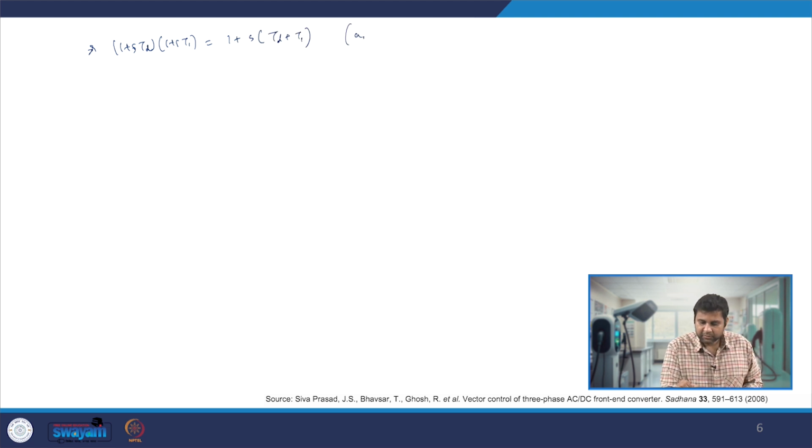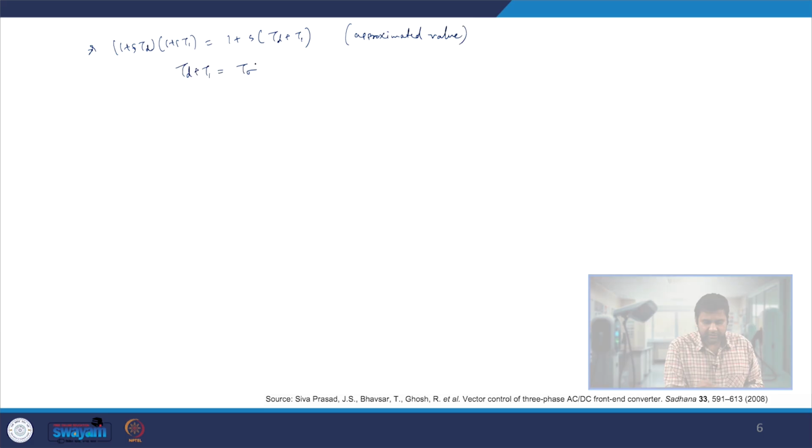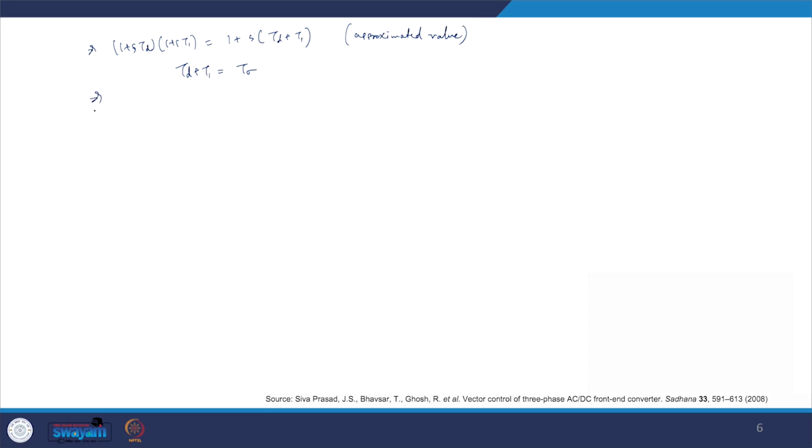This is the approximated value. Then we can mention Td plus T1 is equal to T sigma, and that's when we can write 1 plus STd times 1 plus ST1 as 1 plus ST sigma.